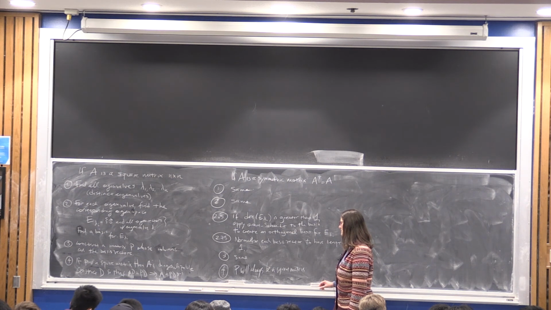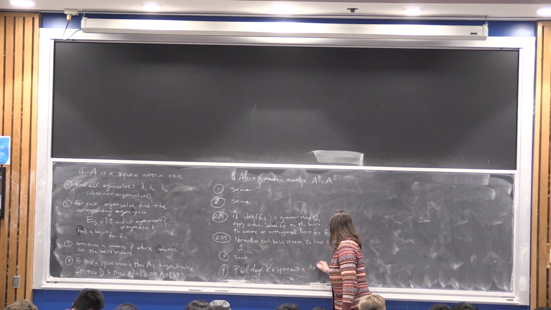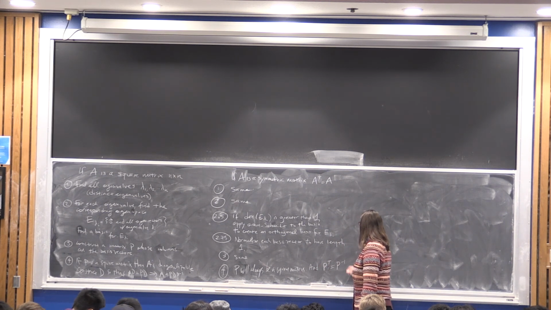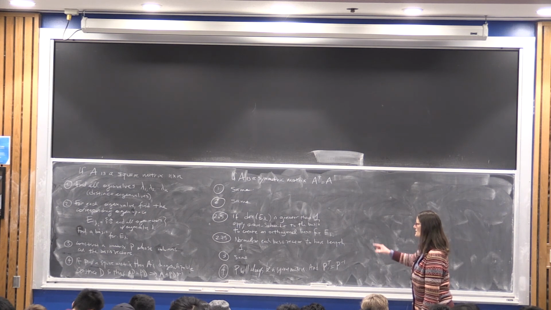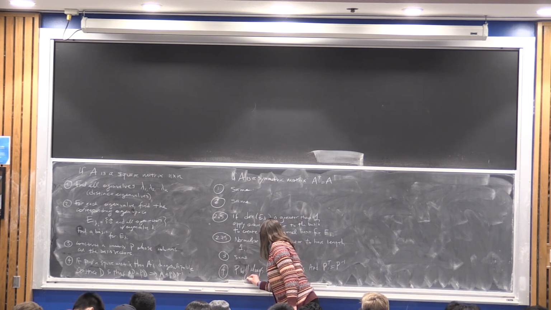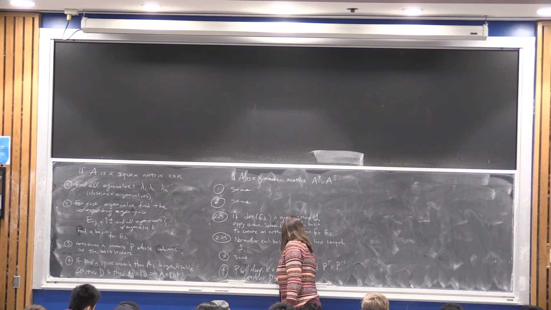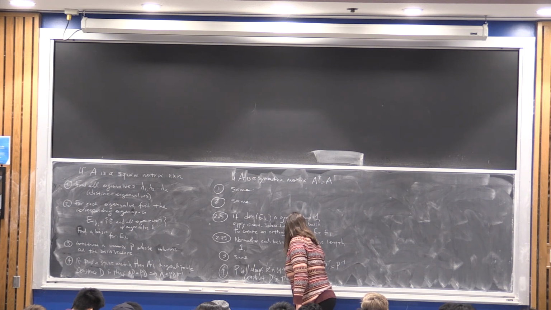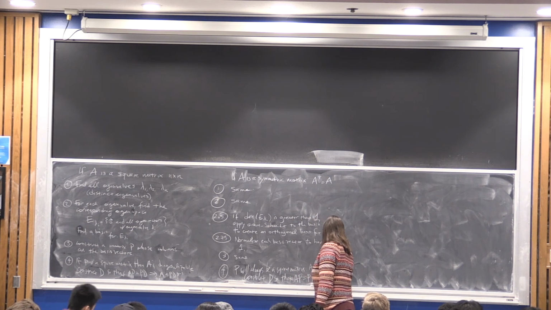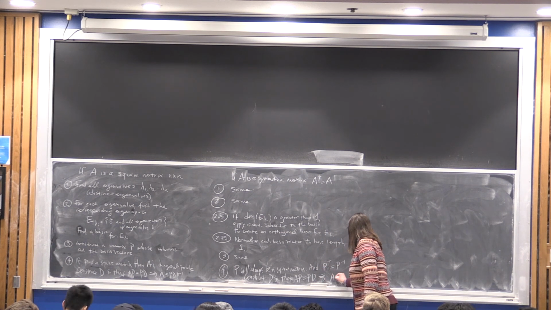And P transpose will equal P inverse. That's because of something we're going to prove today. And then you construct D so that A times P equals P times D, and that implies that A is equal to P D P transpose.